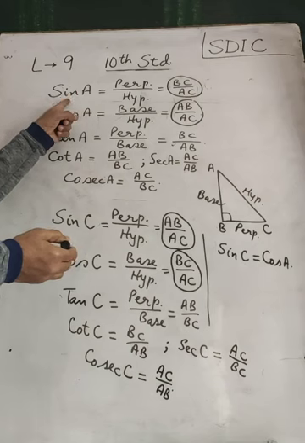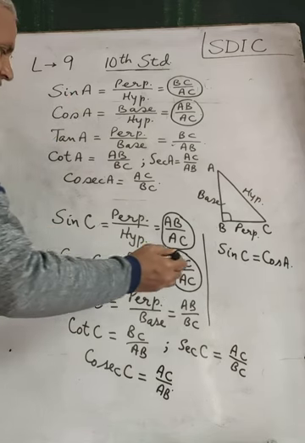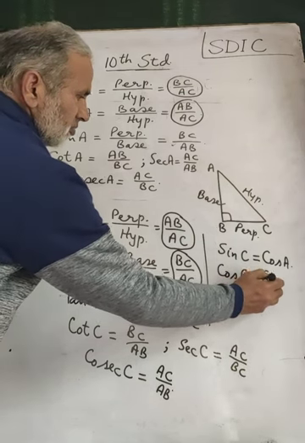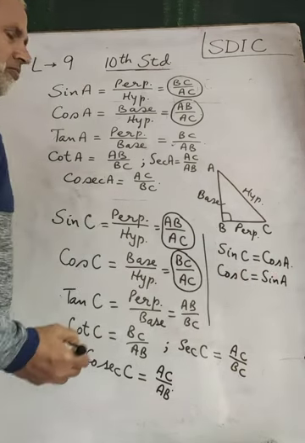Here it is sin A, here it is cos C. So we'll get cos C is equal to sin A. The second relation.